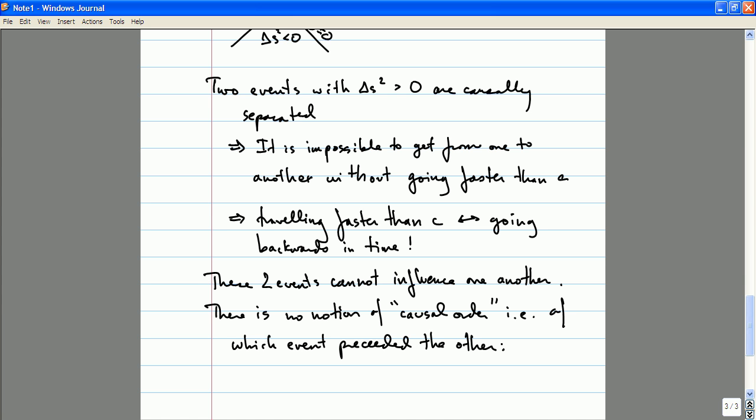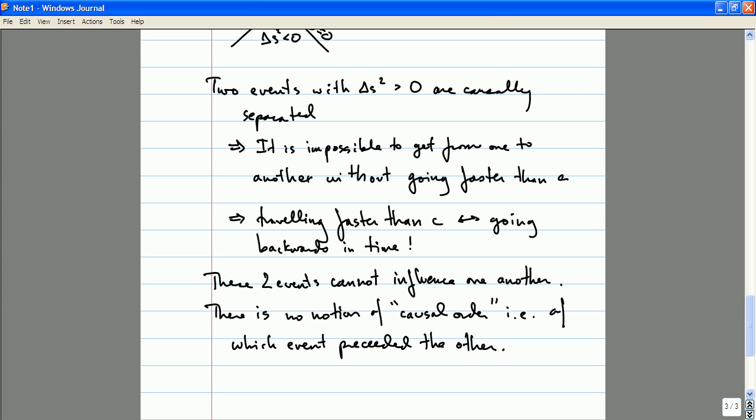When we think about classical physics, we like to think of events happening in causal order and of our job as physicists as to write down the laws which allow us to predict the outcome of some later event in terms of some earlier event. But that is no longer our job as physicists. So in special relativity, there is simply no notion of whether two events which are spatially separated take place in a particular order.